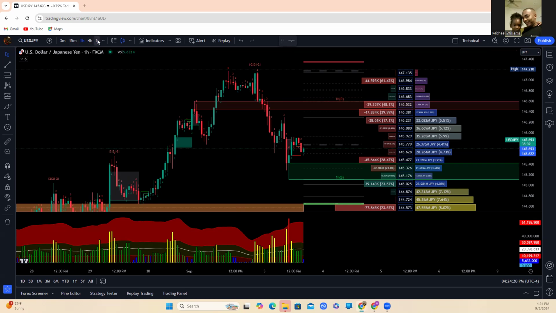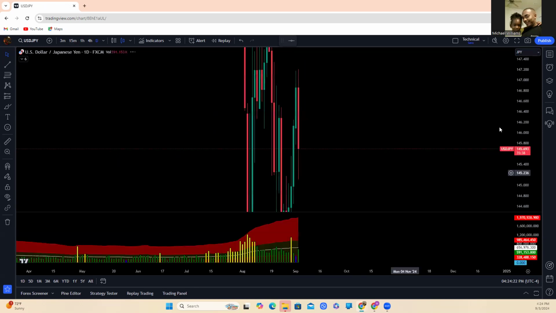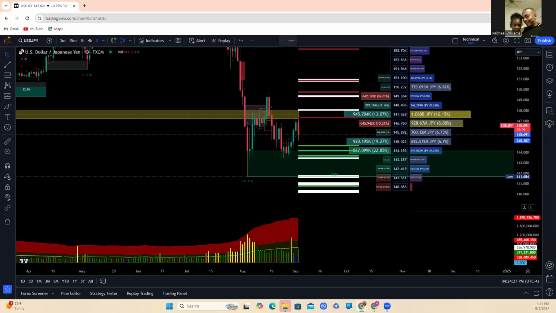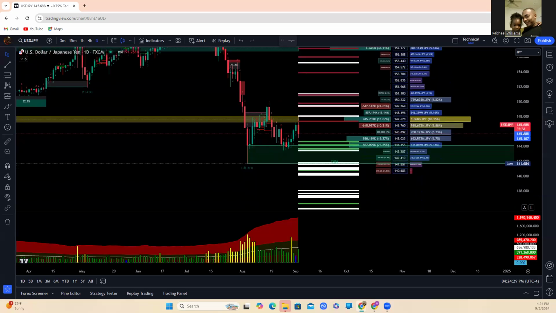If we go to the daily, though, the daily gives us a bit of a different perspective as to why the market may have been reversing at that point. Using the money flow profile, volume profile and the volume, we see that we have a high volume area that price had tapped into.